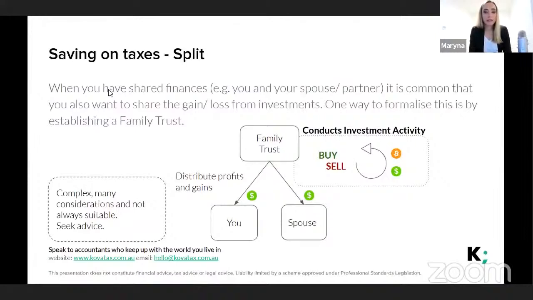If you have a significant other, like your partner or your spouse, or even a family member that you get along with, you can consider establishing a family trust. The best reason to have it is for investing. Family trusts are really good for investing long term. This is not for short-term gains, but for long-term gains, the ones that you hold for longer than 12 months.